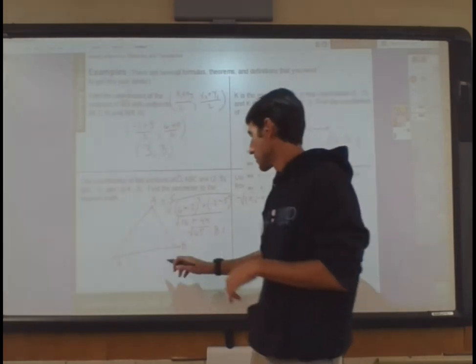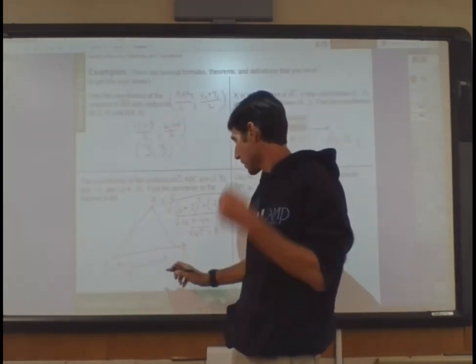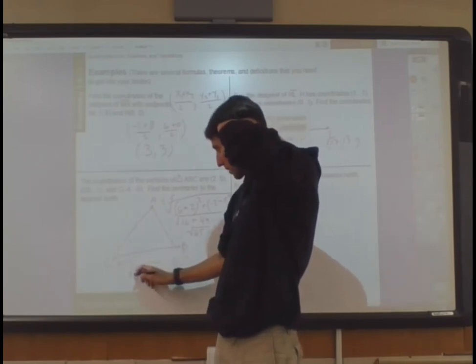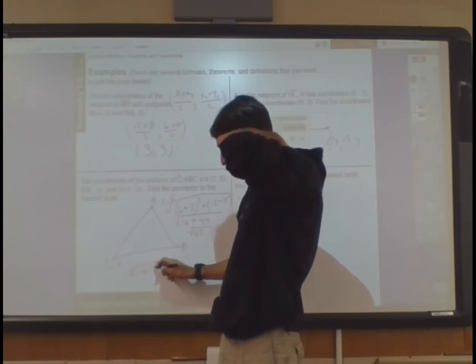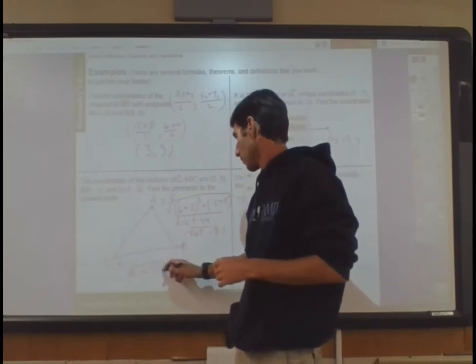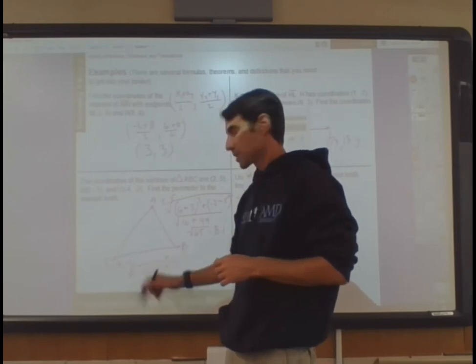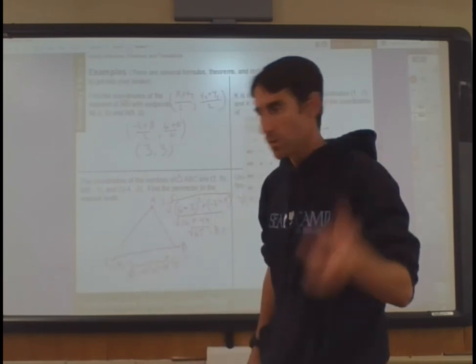All right. So same idea here. So we have the square root of 6 minus negative 4, and that's going to be squared, plus negative 1 minus negative 2 squared. Okay, so 6 minus negative 4 is 10. 10 squared is 100.